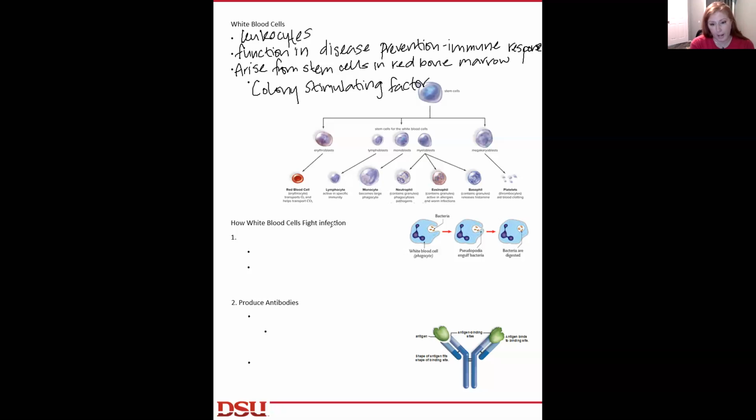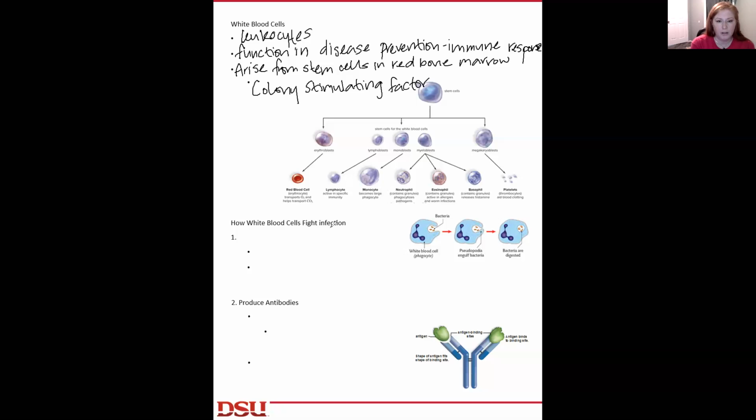On the far right, you have something called megakaryoblast, and these are going to become the platelets, the platelet component of blood. Then you have 3 different types that are going to become white blood cells. They're called lymphoblasts, monoblasts, and myeloblasts, okay?